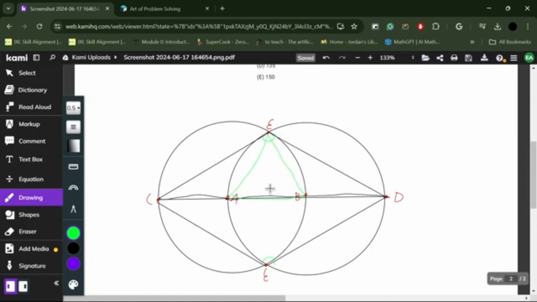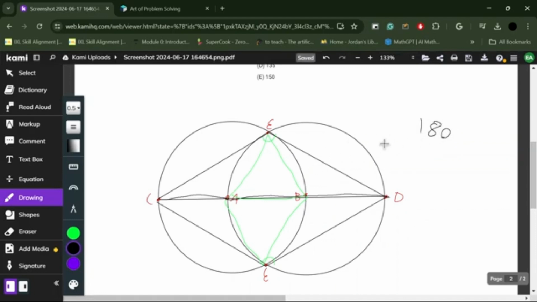How do we know that? It's because all the angles are 60, first off, and second off, all of these sides are equivalent. Now, that also means that this is also an equilateral triangle. So that is actually helpful because all the angles in a triangle add up to 180 degrees.